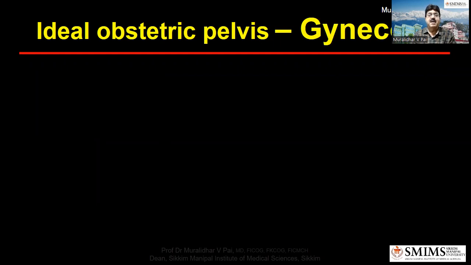Others being platypelloid pelvis, which is okay for vaginal delivery, whereas android and anthropoid pelvis definitely are not okay for vaginal delivery. So the whole aim of pelvic assessment is to rule out an android pelvis. We are not so much particular about platypelloid and anthropoid pelvis. Basically, we want to rule out that it is an android pelvis.